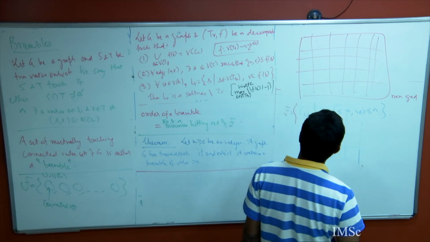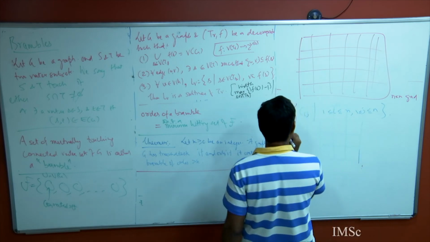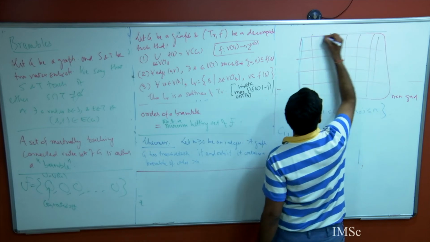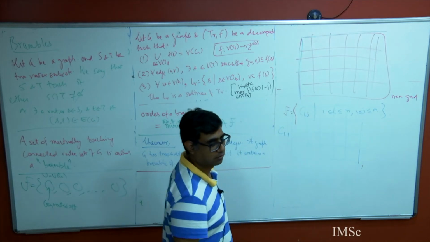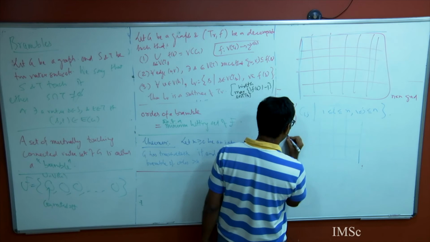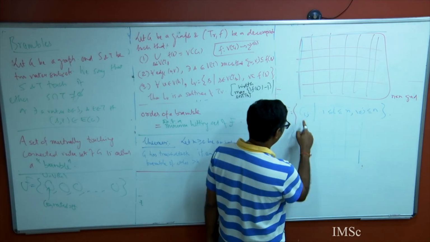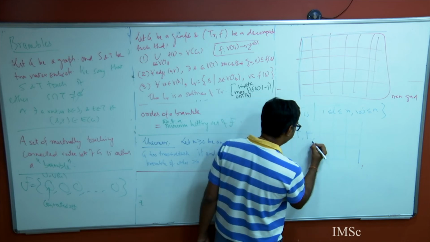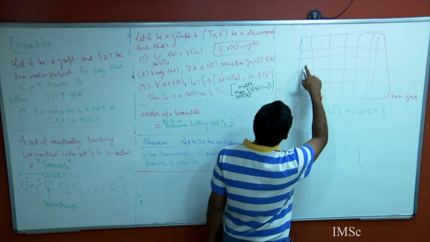So what is C_ij? What is C11? It means these vertices and these guys, I take this. So this guy consists of this. What is C12? It will consist of this. What is C23?